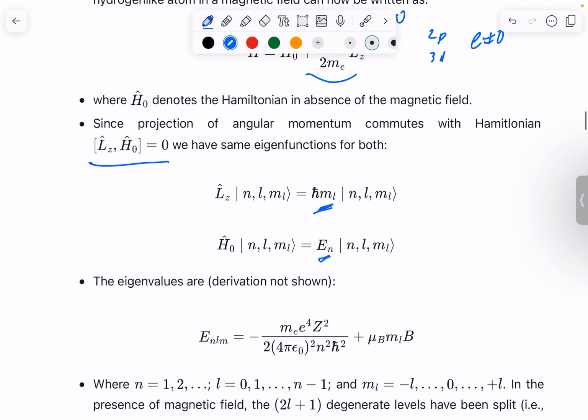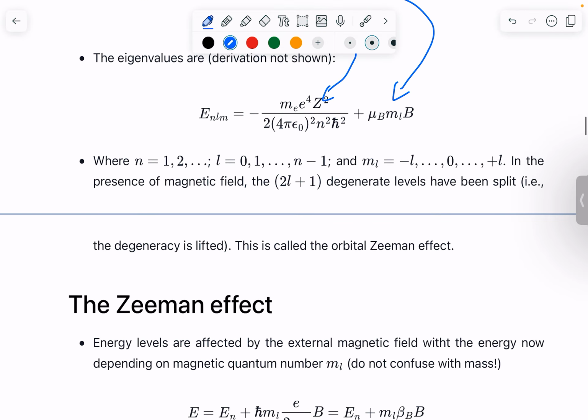Now all we have to do is take these eigenvalues, plug them into the expression, and we have the energy of the hydrogen atom in an external magnetic field. The magnetic field is not equal to 0, so it can be a strong magnetic field, weak magnetic field, etc. And the key quantity here is ML, the magnetic quantum number that's going to describe the different energy levels of the hydrogen atom.